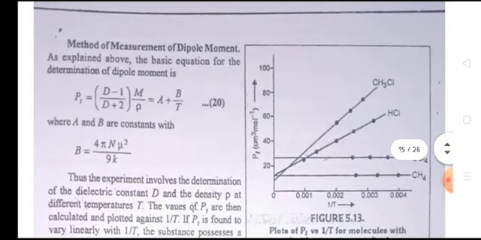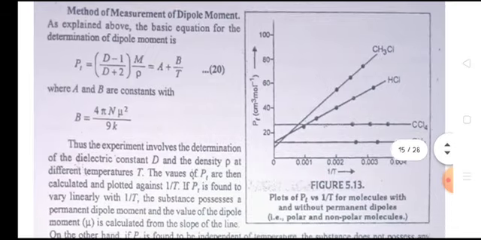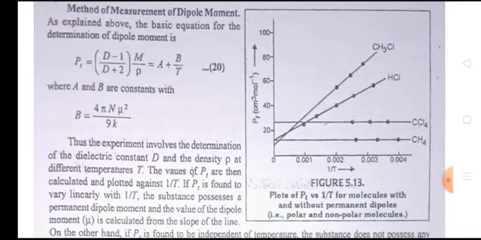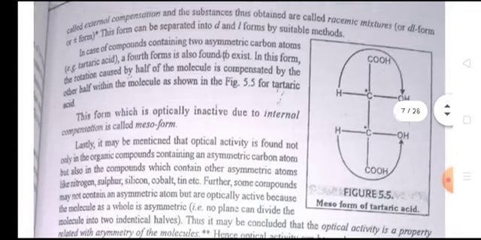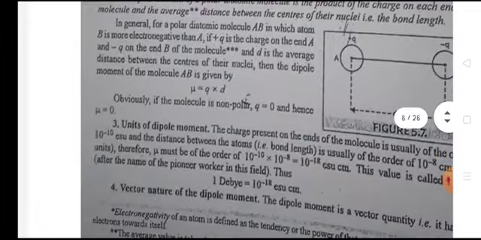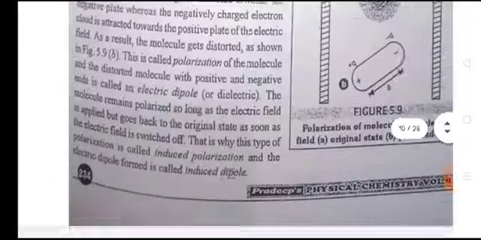Methods of measurement of dipole moment are explained below, above the basic equation for the determination of dipole moment.